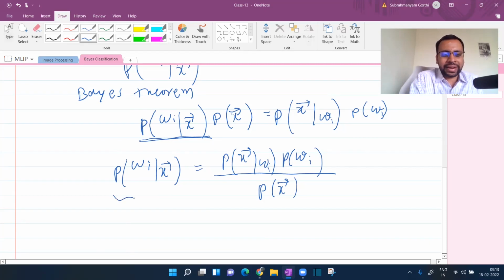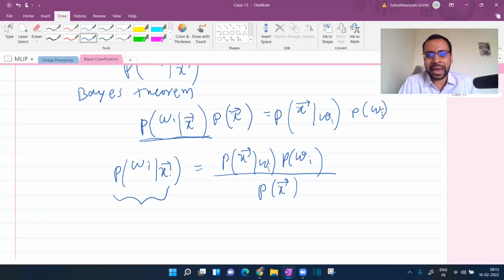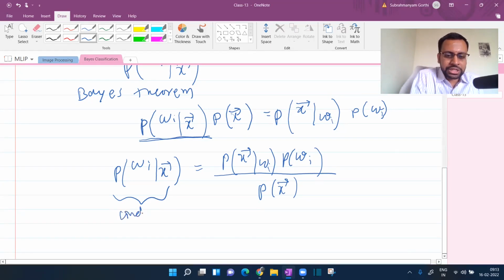What is this referred to as? In the last class, a naming ceremony happened for that term. Two names have been given, and one alias also. What were the names? The conditional probability and the a posteriori probability.